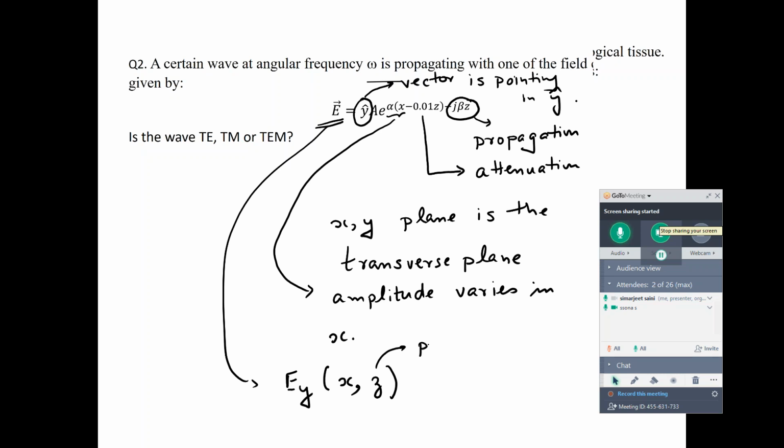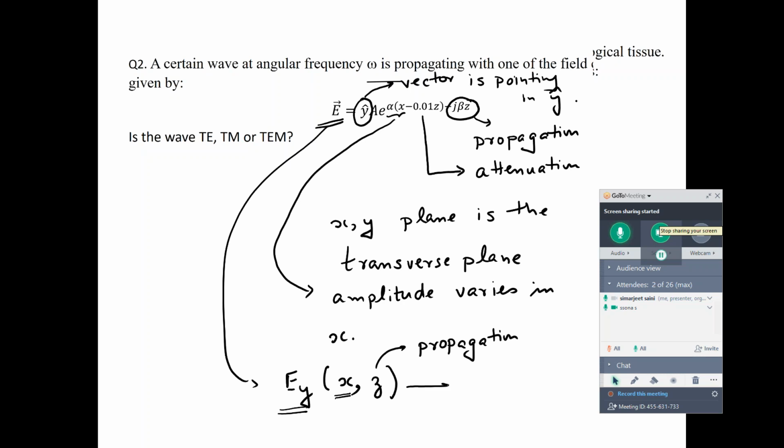This part is nothing but the propagation. I expect an amplitude variation happening there. But it's saying that I have an EY component which has an amplitude variation in the perpendicular direction to where it's pointing.